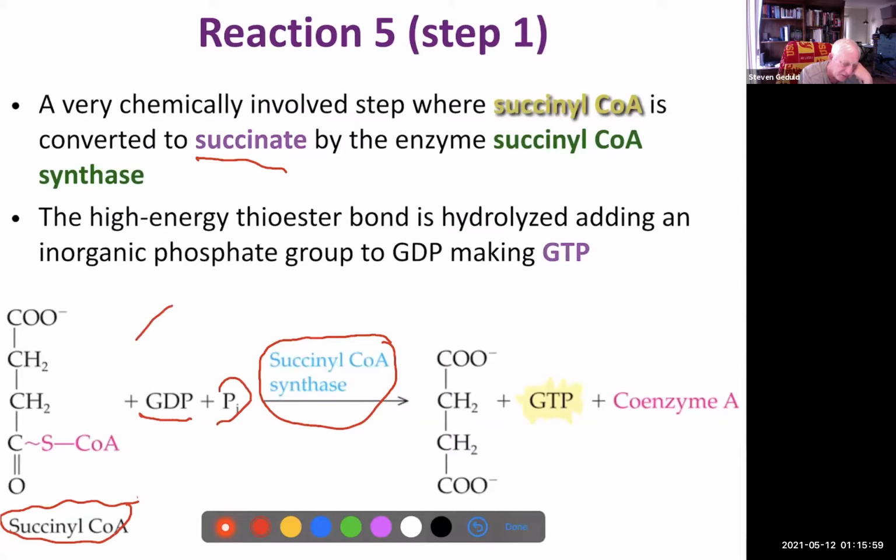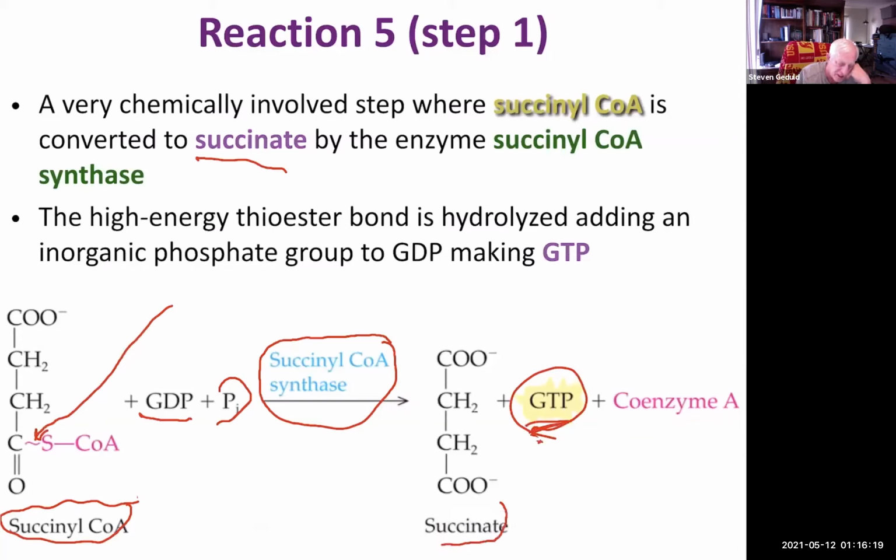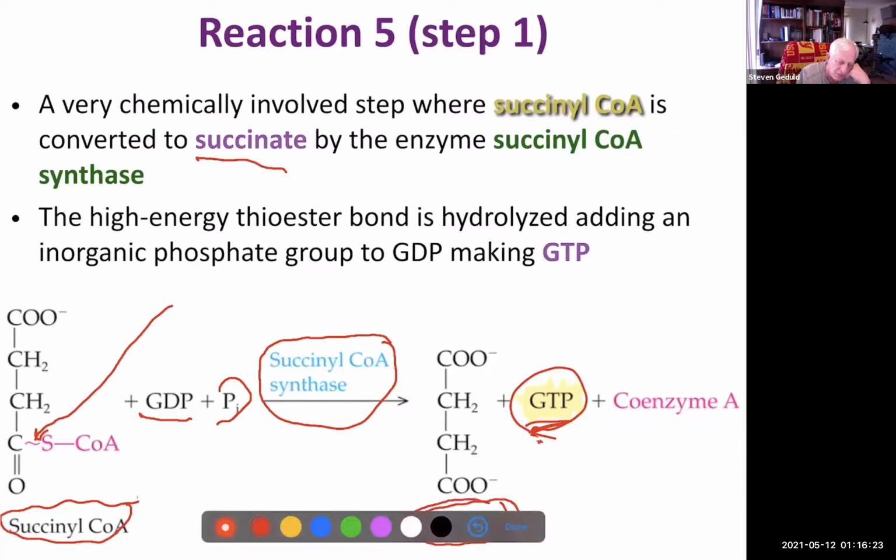When you break this high energy bond, the energy released from that is going to take GDP and form GTP. Now GTP is going to convert ADP to ATP from that energy bond. So it's a high energy bond that's being broken, and you're forming GTP from GDP. Okay? And you're also forming succinate from succinyl coenzyme A. So you have succinate, GDP, and then you're re-releasing coenzyme A.